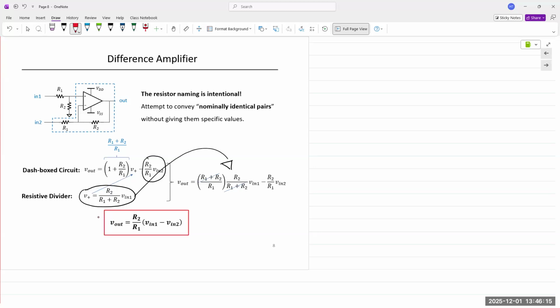Again, we are not doing any in-depth analysis or derivation, but we can use the same virtual ground technique that we used earlier by applying KCL at the inverting terminal, assigning currents to all 4 resistors, and then calculating or deriving it from that point on.